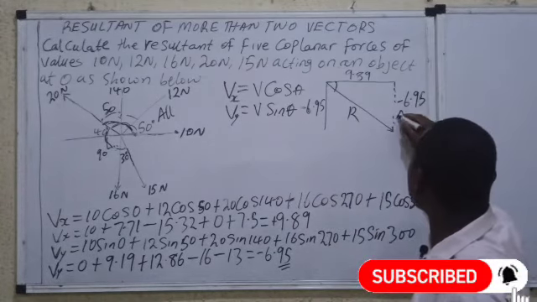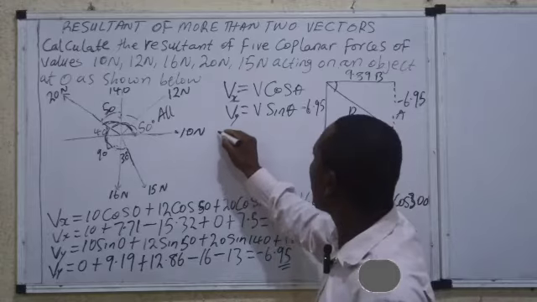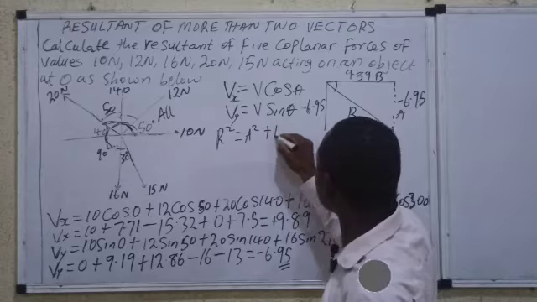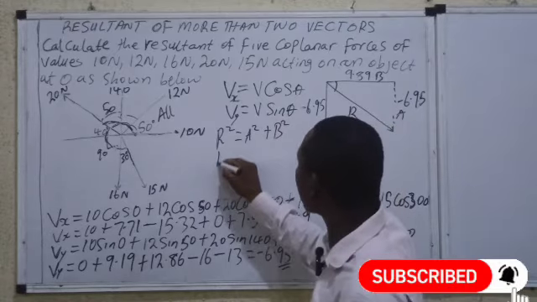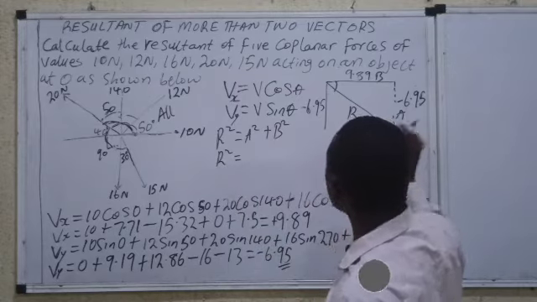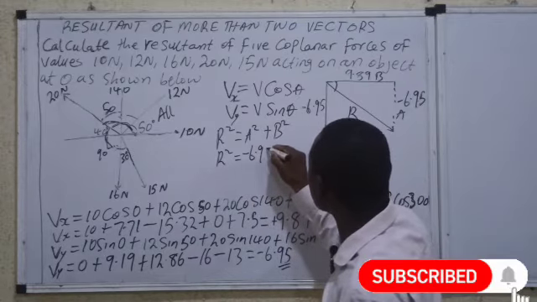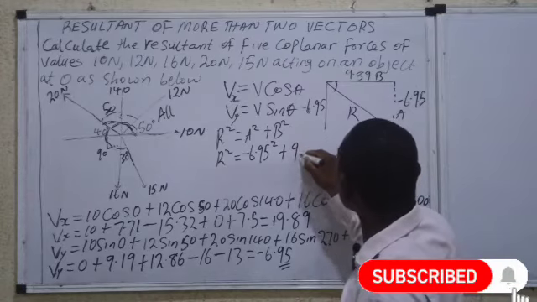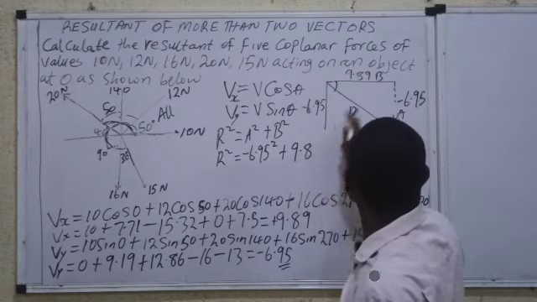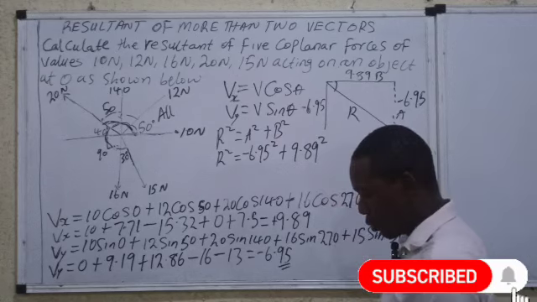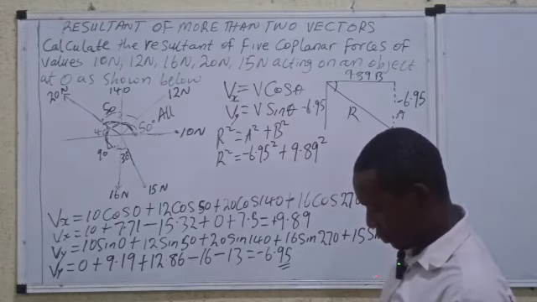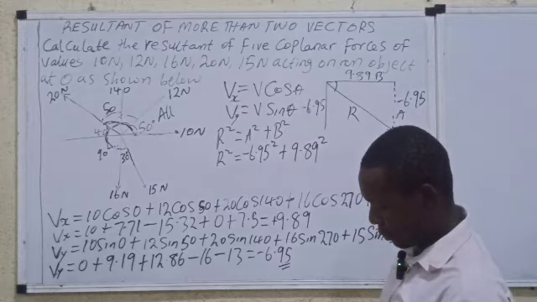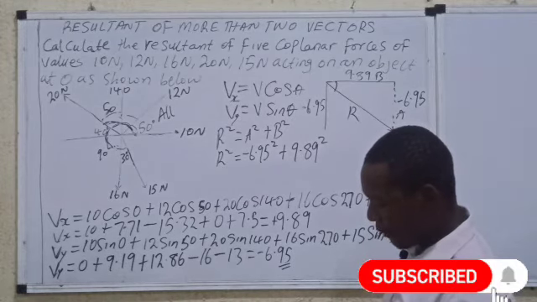Now, using your normal Pythagoras theorem, you can put the resultant R. Here, let's put it as A and here as B. So now we have R square is equal to A square plus B square. So R square is equal to minus 6.95 square plus 9.89 square. Look for the square of 6.95.